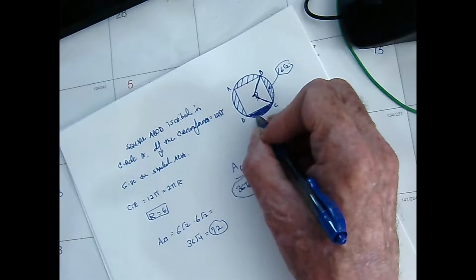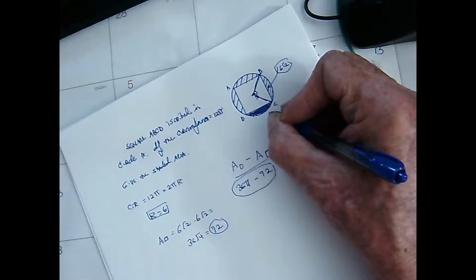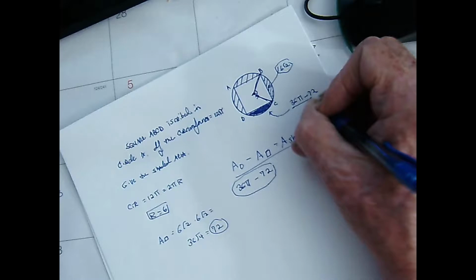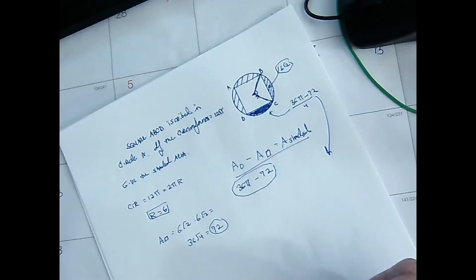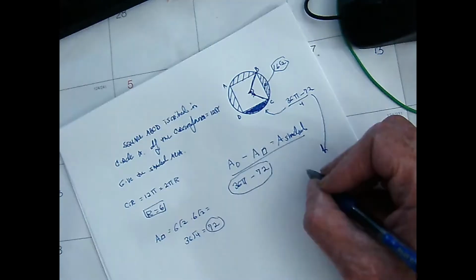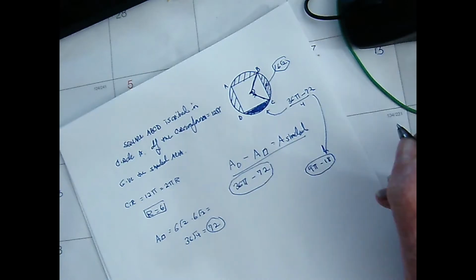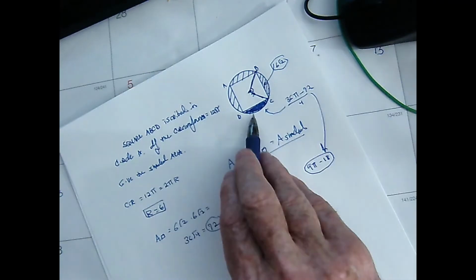So that little zone right there, if we cared about it, would be 36 pi minus 72 divided by 4. I know what you're thinking. Yeah, we can reduce that fraction, can't we? 36 pi over 4 would be 9 pi. Minus 72 over 4. Hey Alexa, what's 72 divided by 4? I think that's about 18, isn't it? About 9 pi minus 18. That's what we're talking about for the area of that little shaded zone right there.